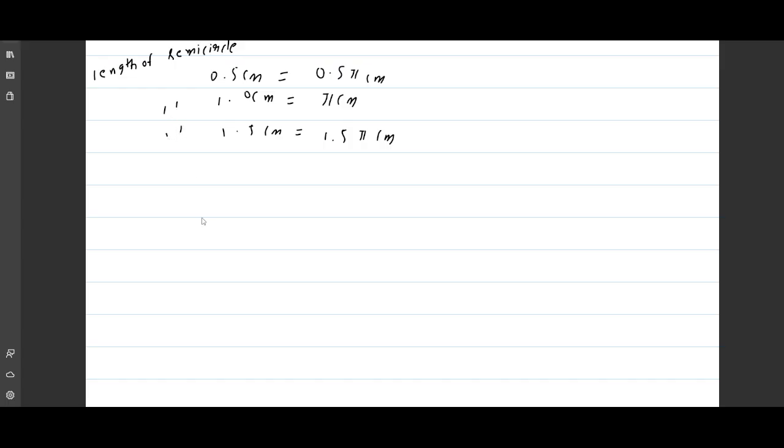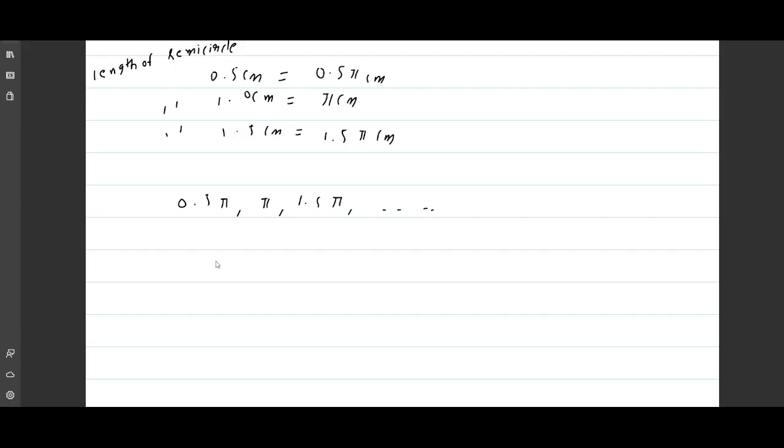So this goes 0.5 pi, pi, 1.5 pi, and so on.